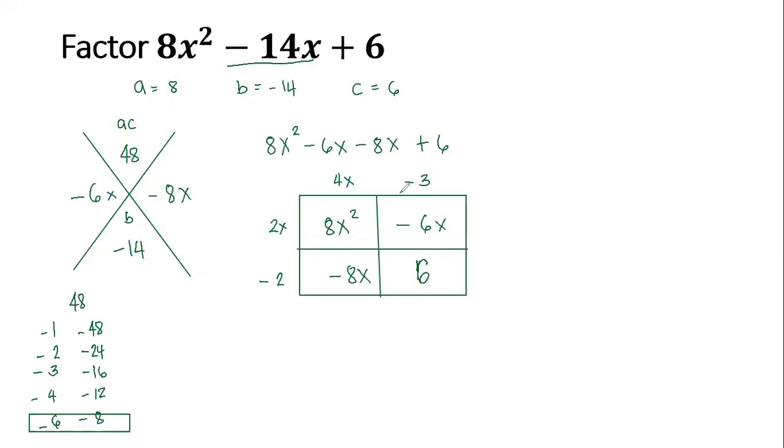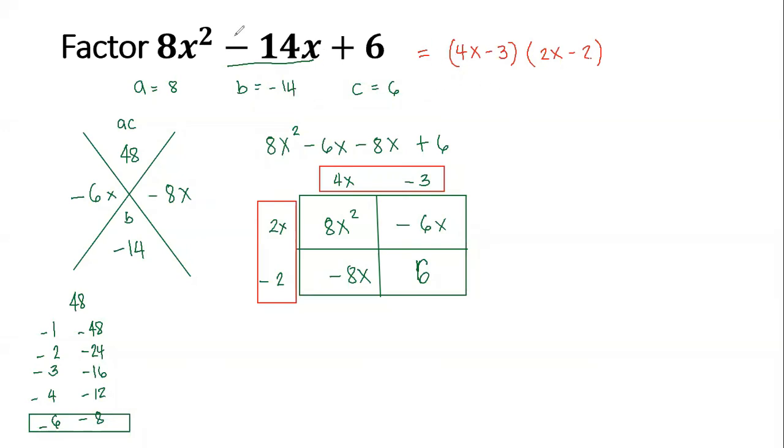So we have negative 3 times negative 2, that would be positive 6. So therefore, our factors would be this and this. And we could rewrite it as 4x minus 3 times 2x minus 2. Again, if you want to check if your factors are correct, you just have to do the FOIL method.